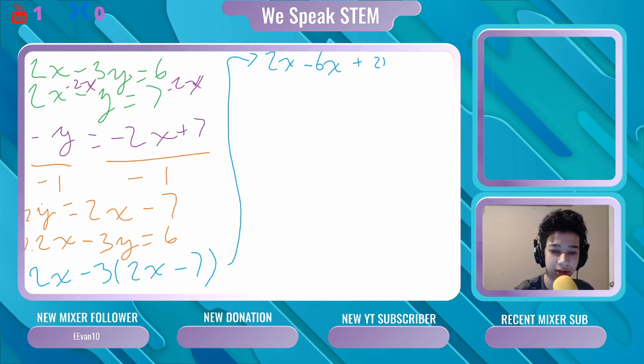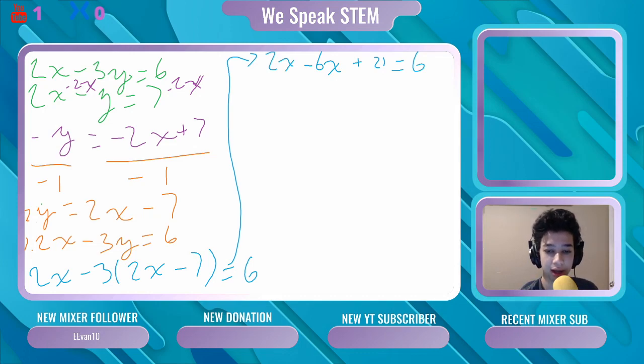So the next step, of course, is going to be to simplify it. Oh, I'm dumb. This should be equals 6 over here. I was so confused for a second. I forgot something. So now we can collect the like terms here.